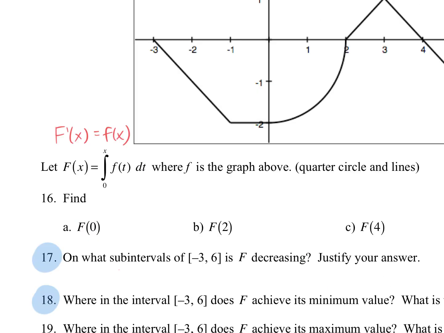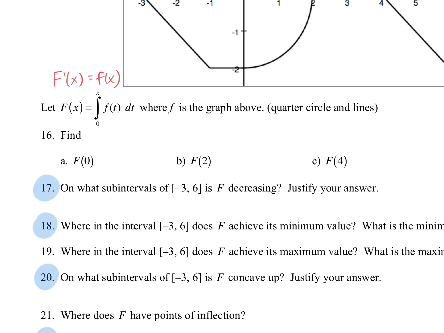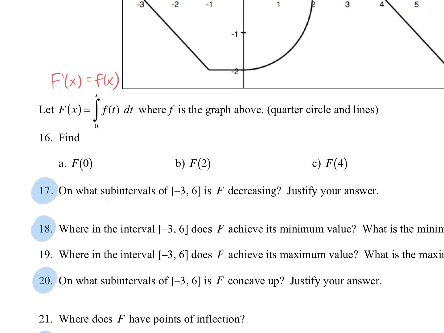Okay, so on this page, the first thing I want to remind us of is that the derivative of the big F is equal to f of x, and we're given the f of x function. So when number 17 is asking us what subintervals is big F decreasing, what I really want to know is where is f prime of x, which is really the same thing as lowercase f of x.